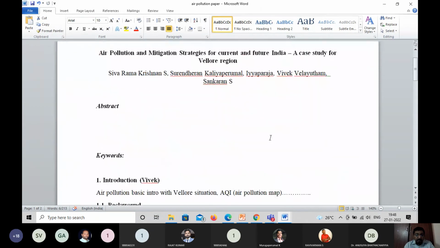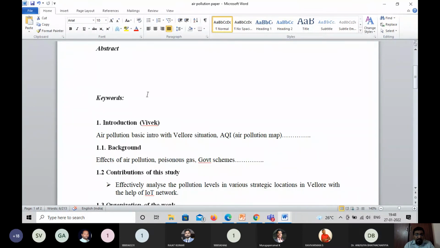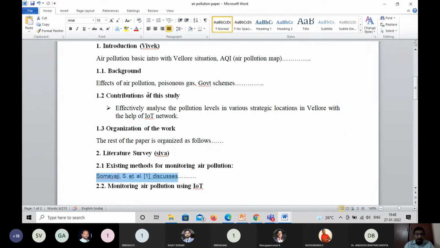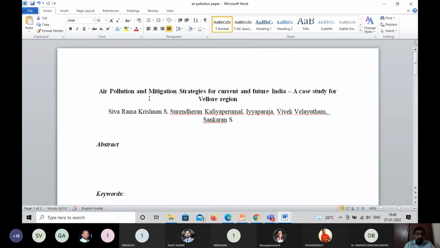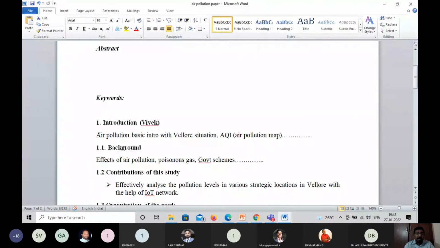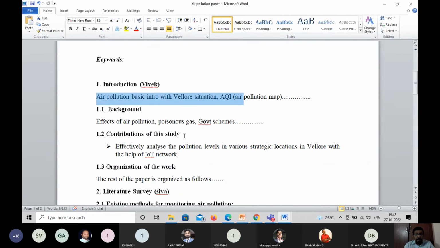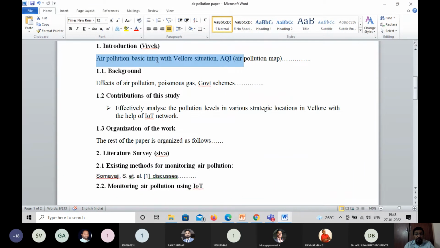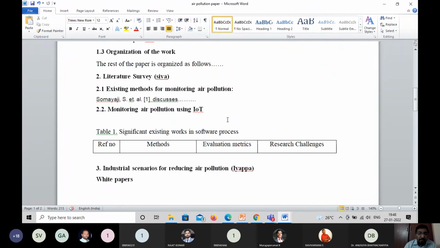Once you are done with the structure, the team lead would give the pointers on what should be written in each section, so that each of the team members can exactly follow that particular point. So this might be some of your takeaway.